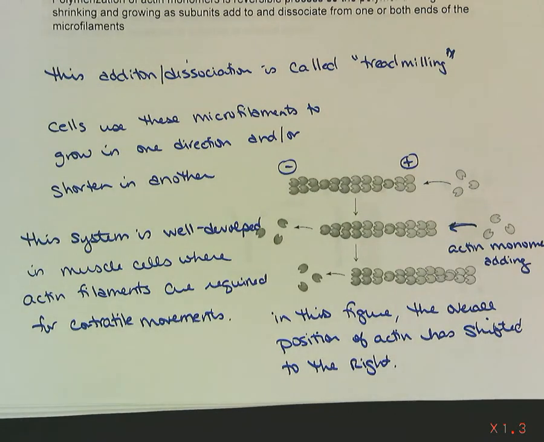So your muscle cells are going to be the ones that need to be able to stretch and shorten quickly. And actin monomers, microfilaments made of actin, are the reason that happens. Look at that, science.